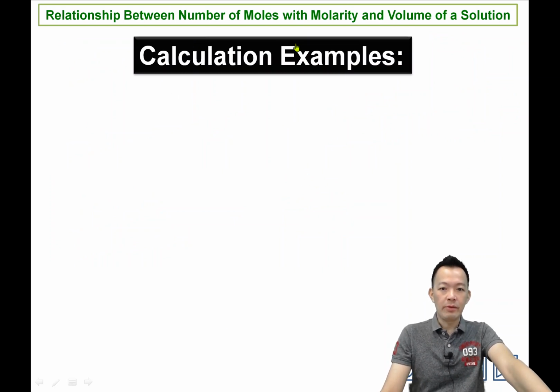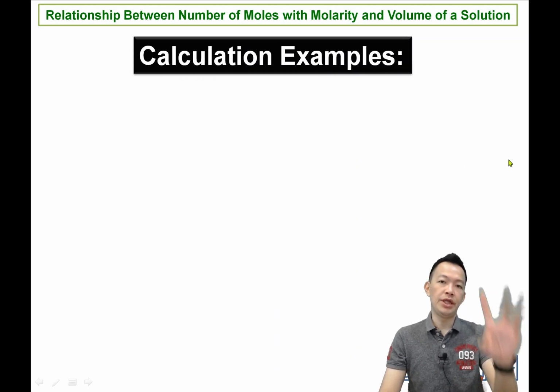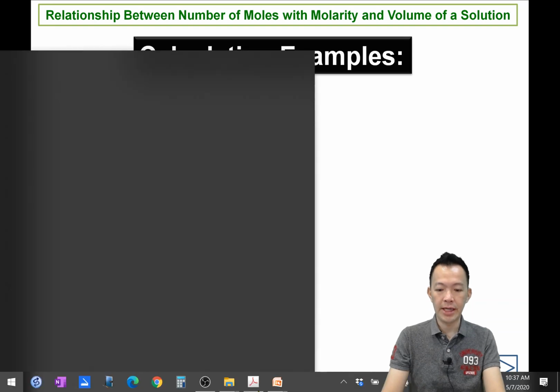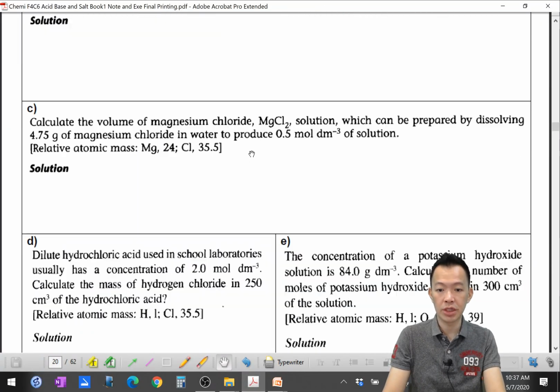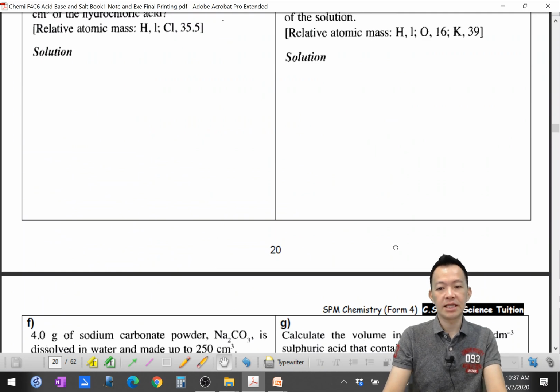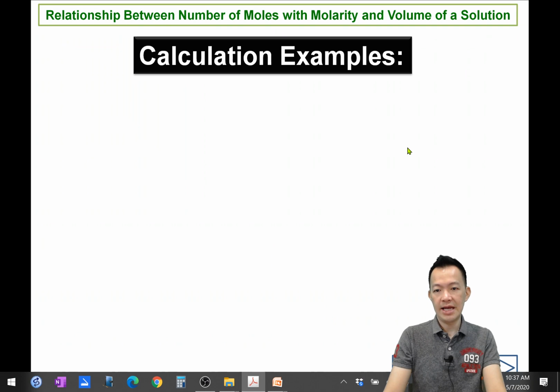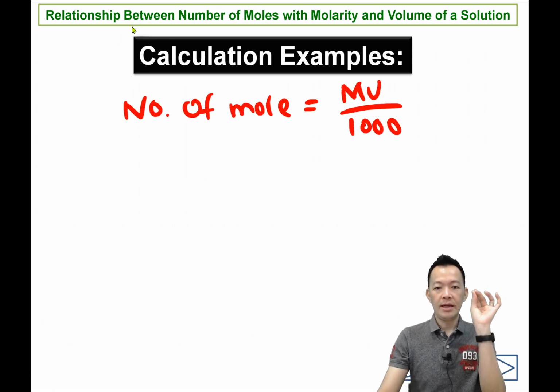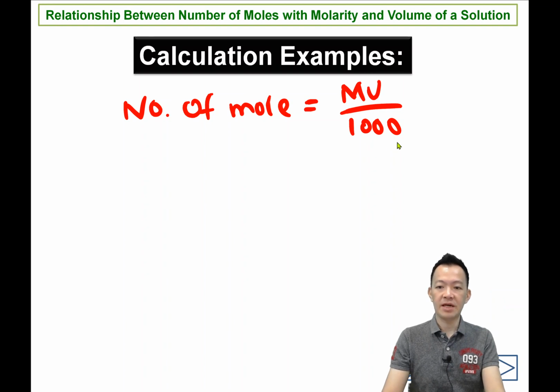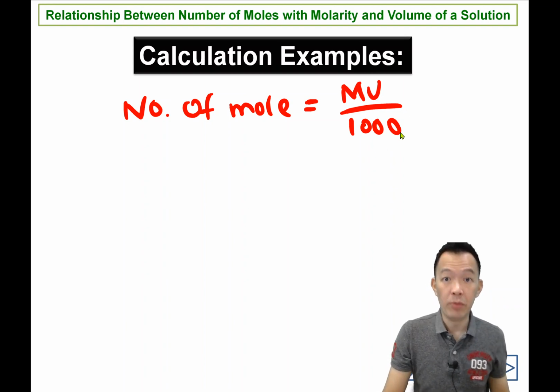On page number 20 we have 8 example calculations. To finish all 8 examples you need only 2 formulas, so you can copy the formulas anywhere, maybe below what you already copied. First, the number of mole equals MV per thousand, the king of formula.